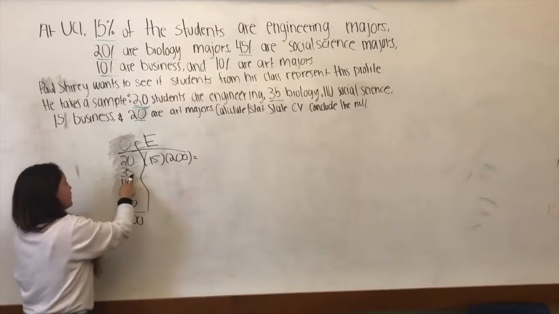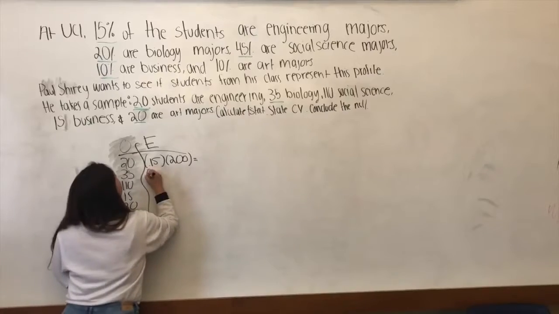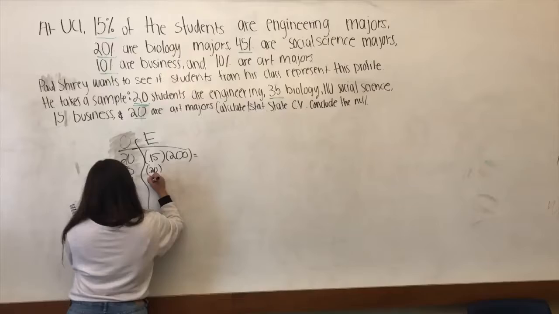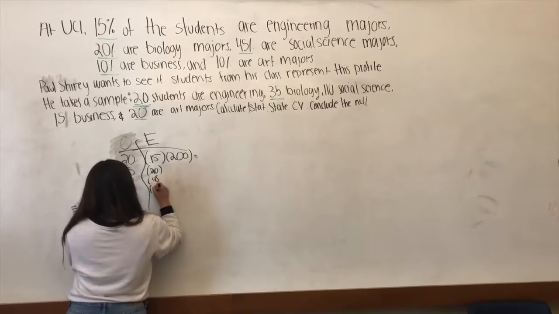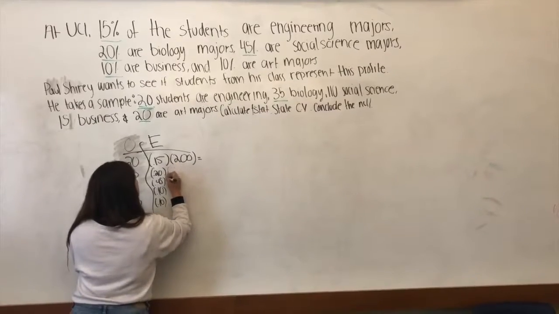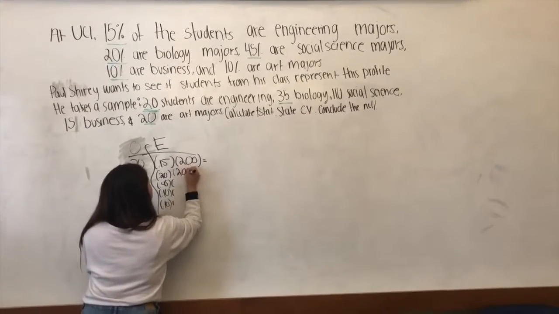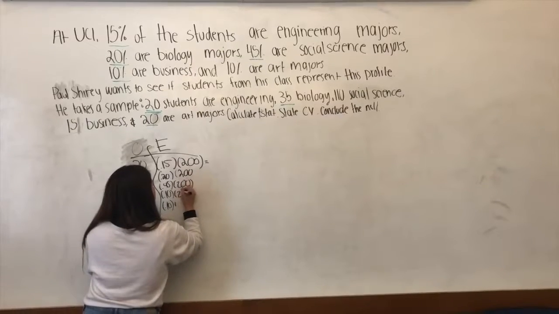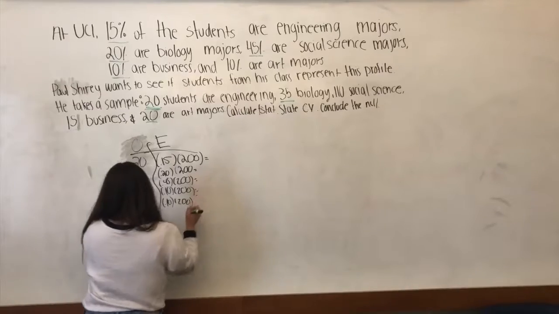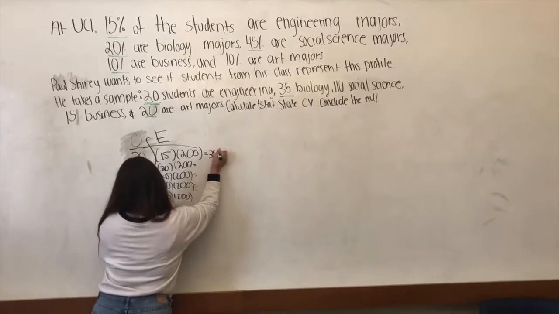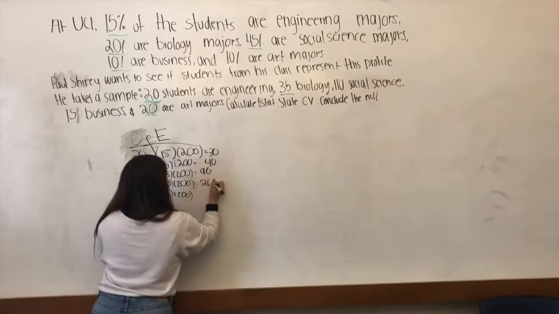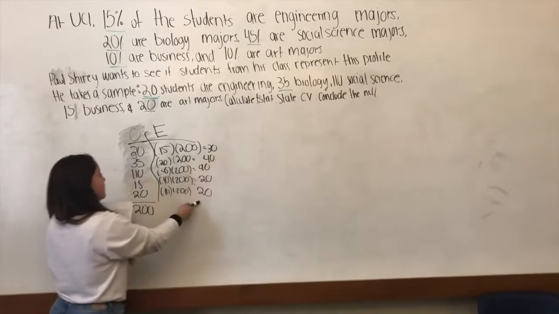We're going to continue doing this for each of the numbers: 0.20, 0.45, 0.10, 0.10, and multiply each of these numbers by 200. And we're going to get 30, 40, 90, 20, and 20, and these will be the expected values.